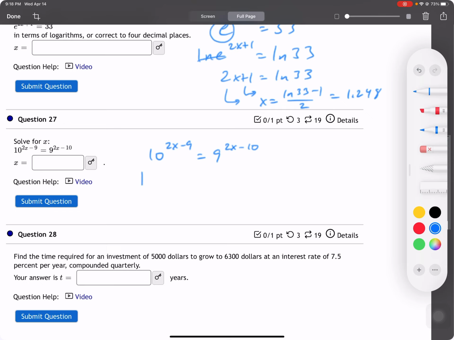Let's go and log both sides. If I say log of 10 to the 2x minus 9 is equal to log of 9 to the 2x minus 10.